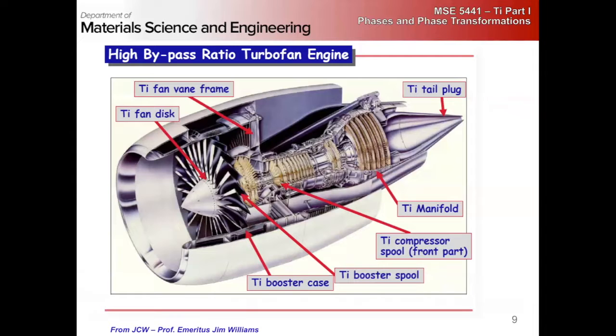Is it the accelerated gases out the back, in a traditional jet, or is it something else? You can probably guess that it's something else, otherwise I wouldn't be asking this question. But what's producing most of the thrust?